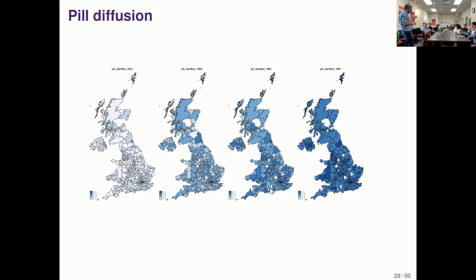So we have a measure for each calendar year. We have for each person a measure of whether they have ever used the pill or not. So for each year, we look at people that are older than 18 and ever used the pill in that district.